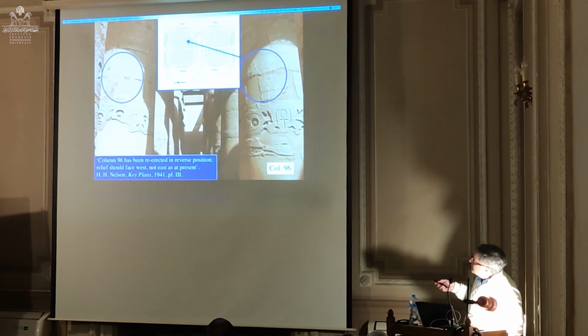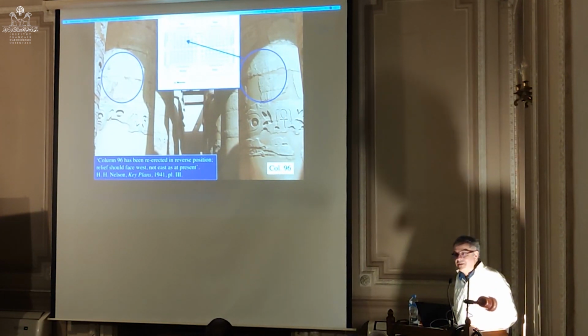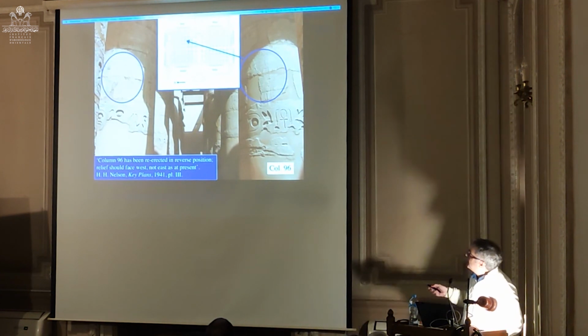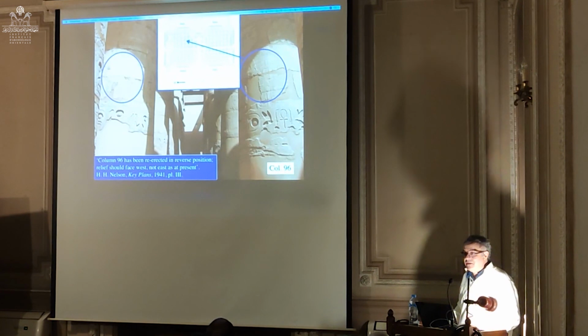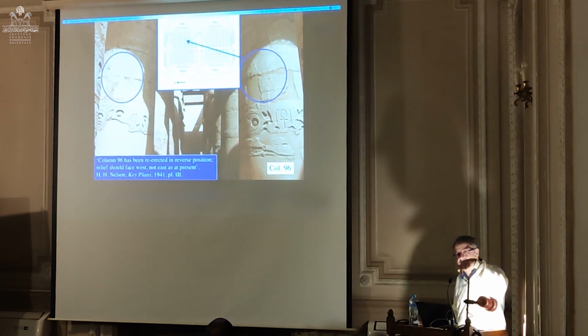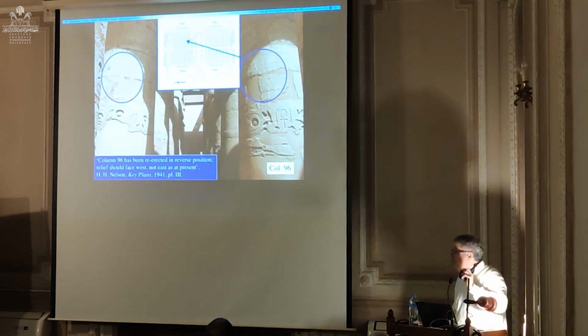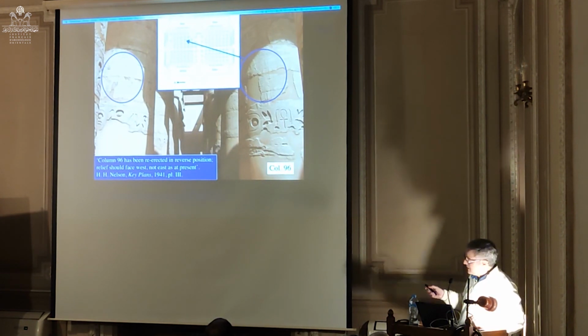Normally these scenes are the ones that are not visible from the processional way, and these scenes should be in sunk relief because they date to Ramses IV. But you can see that this scene here is actually in raised relief. So there was a reversal. This raised relief scene should be facing towards the other way, towards the secondary axis, which is over here.